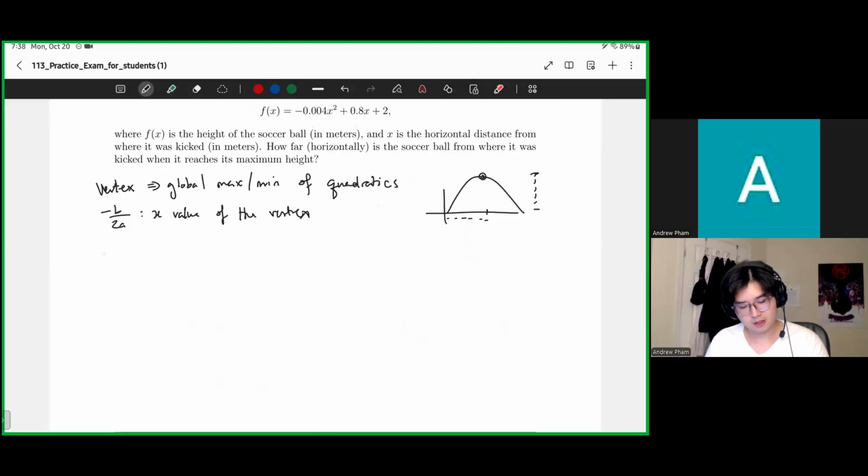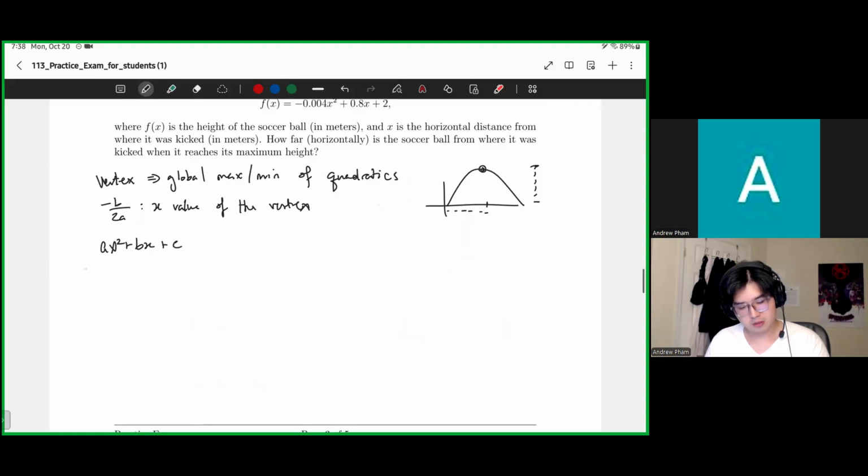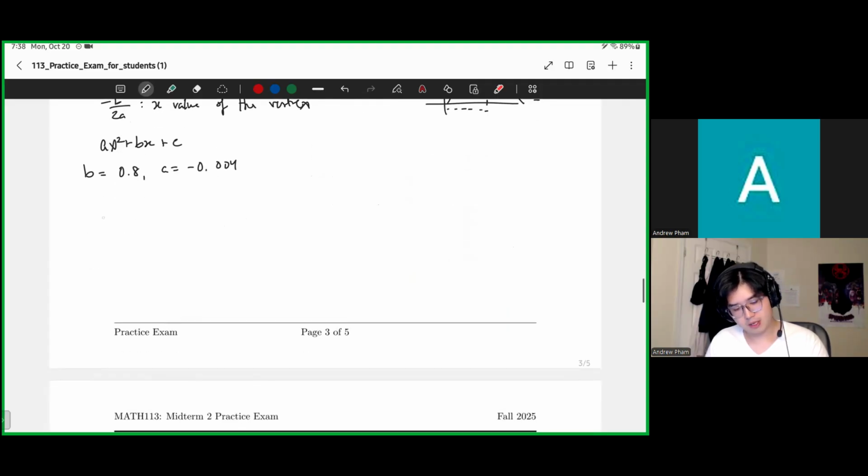So in this case, ax squared plus bx plus c, this implies that b is 0.8, a is minus 0.004. So minus b over 2a is nothing but minus 0.8 over 2 times minus 0.004, or 0.8 over 0.008.